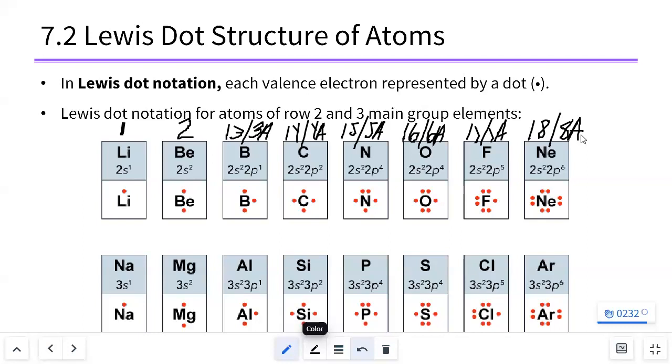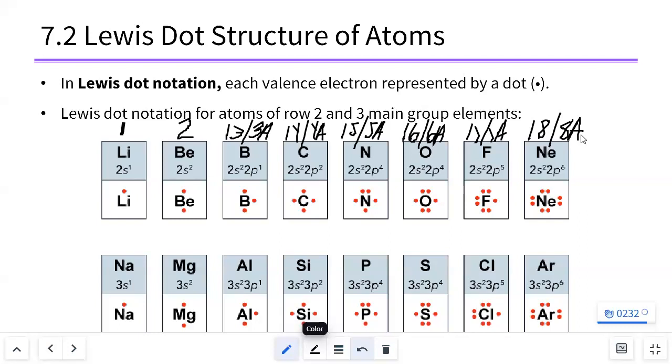Now, what do these tell us? Well, they tell us a couple of things. First of all, they tell us how many electrons we have. So from here, I can look at this and say, okay, fluorine. Fluorine has 7 valence electrons. There are 3 ways to get to 8. It could lose all 7, it could gain 1, or it could share 1. Of those 3 options, what are the most likely?